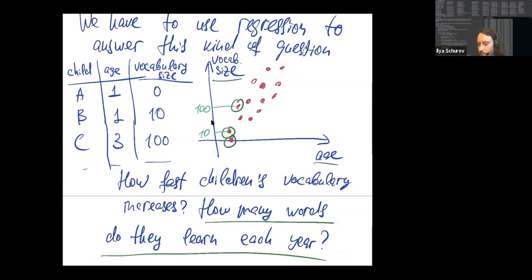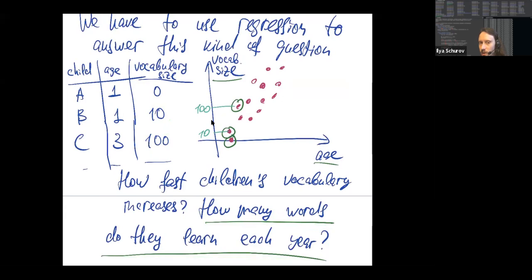Assume that I have new data, and in this new data, all values here are multiplied by 10. Then with new data, we have to conclude that the number of words that they learn each year is multiplied by 10. If I just replace everything here by the same value multiplied by 10, then the velocity is multiplied by 10.